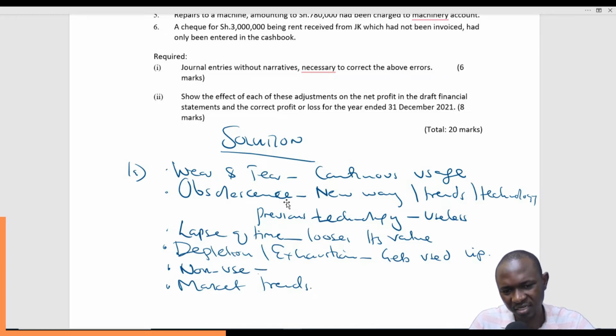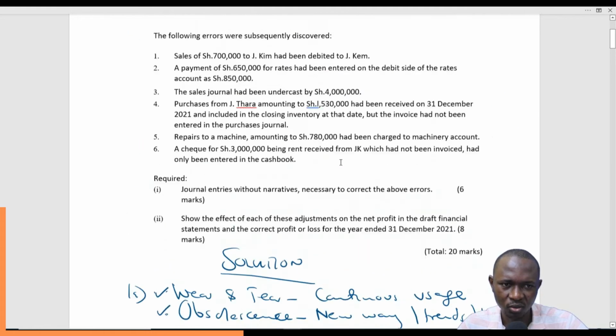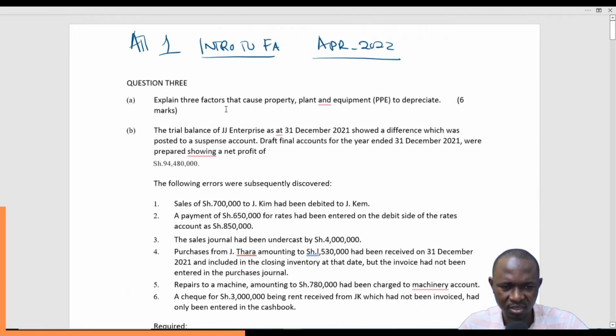All these could be reasons for depreciation. The most obvious ones that you should most likely use in this question are wear and tear, obsolescence, and depletion. Those ones are very strong. So mention any three of them and you'll get your 6 marks.